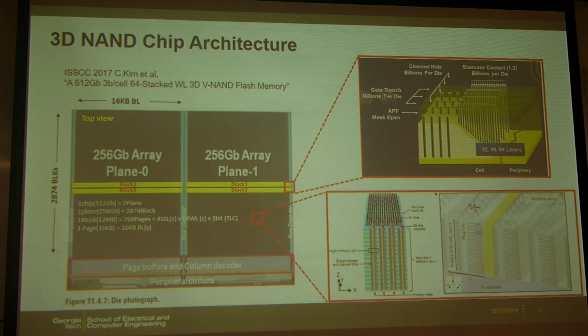This area, the channel holes and word line stairs, is just near the row decoder. And the figure that has many channel holes and a long line-shaped slit is the center part of the memory array.